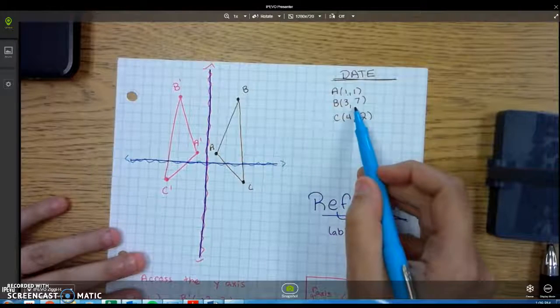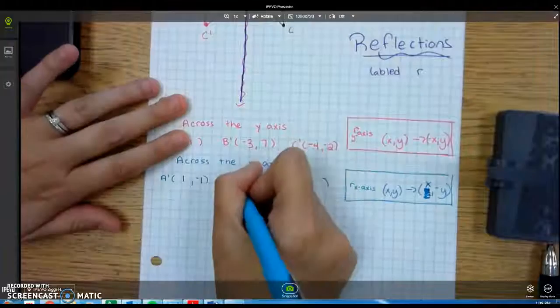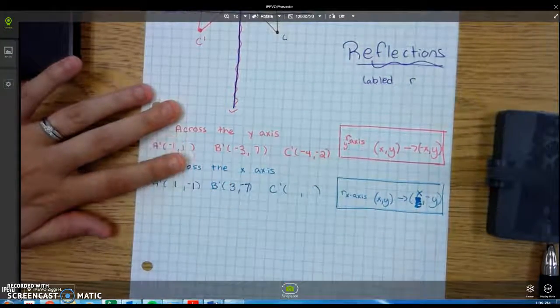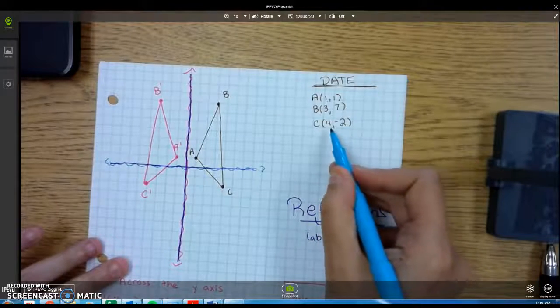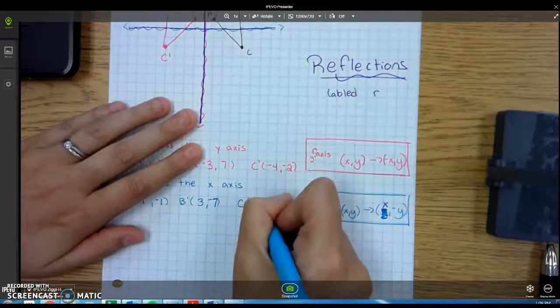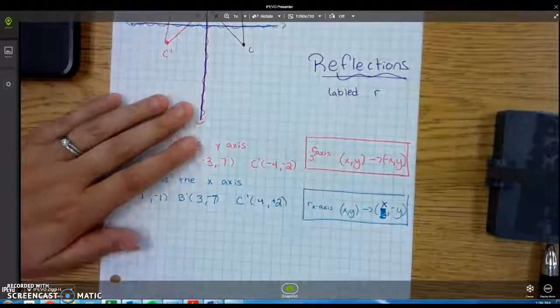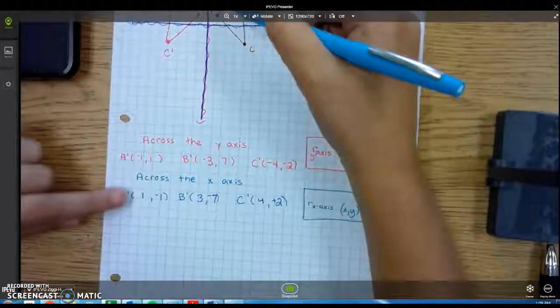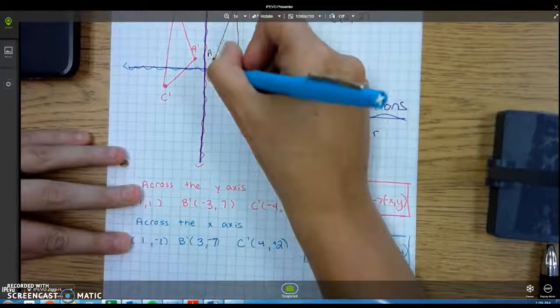X value stays the same, y value negates, 3, negative 7. X value stays the same, y value negates, that's going to be 4. And then when I negate a negative number, it becomes positive. It's like multiplying by a negative number. And we'll go ahead and plot those. We've got 1, negative 1.